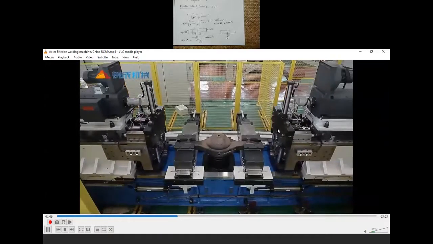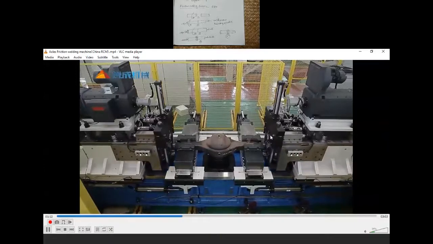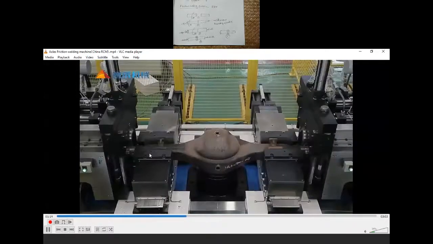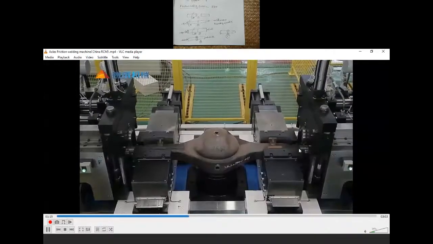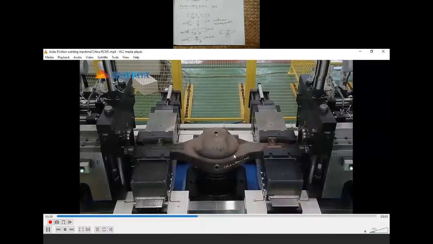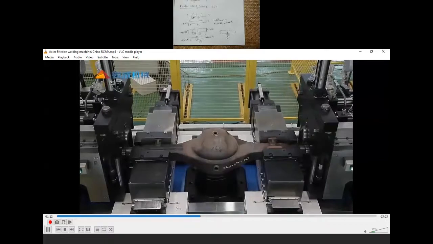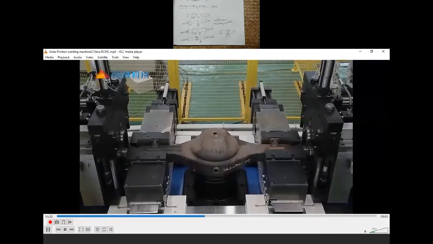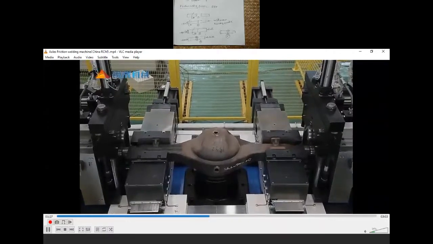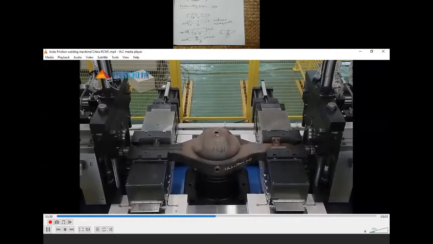Non-forgeable material cannot be welded. You can use different materials, but a different setup is required, because materials with a high melting point will require much more rubbing and much more pressure. But you can easily weld aluminium or mild steel.